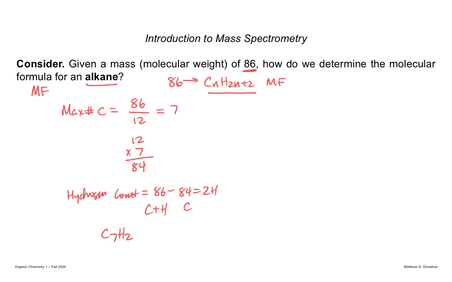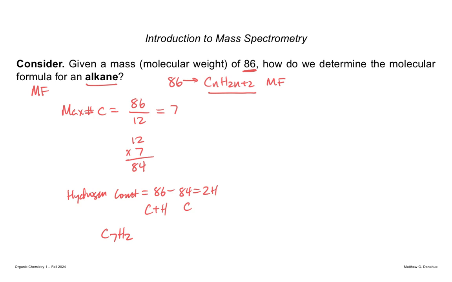But we've now put a boundary on the maximum number of carbons. It can't be 8. So 8 times 12, that's 80 plus 16? That's 96 or something. 96 would be well above the mass of 86. So we're not going to go higher, we're going to go lower.